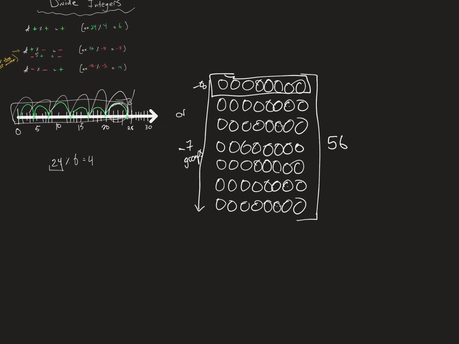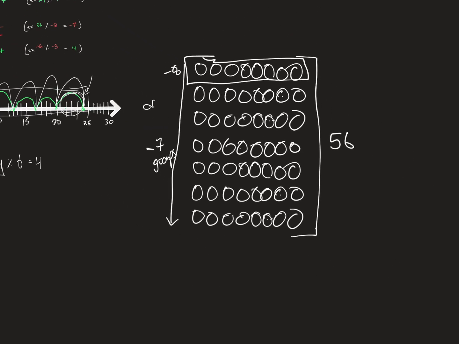Another way that we can think of it, back to our number tokens, we would draw out our total amount of tokens. So here I would have 56, so positive, they're all 56 here, and then I have 7 groups of 8.